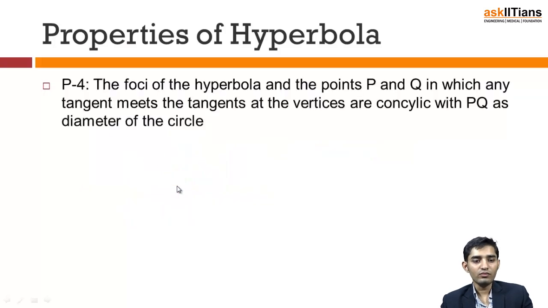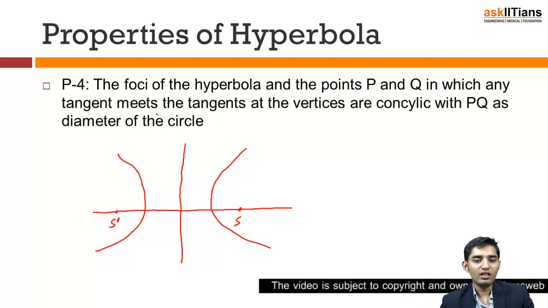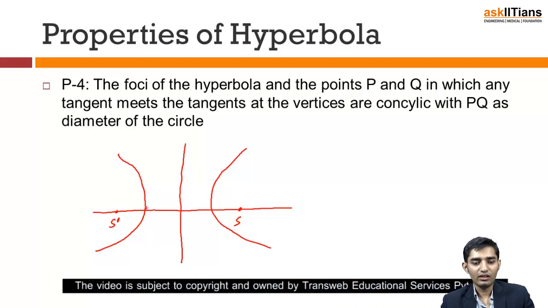Now, the fourth property: the foci of the hyperbola and the points P and Q in which the tangent meets the tangents at the vertex are concyclic. Right, so suppose this is the hyperbola. The foci of the hyperbola are S and S dash, right, and the points P and Q are the points in which the tangent meets the tangents at the vertex.